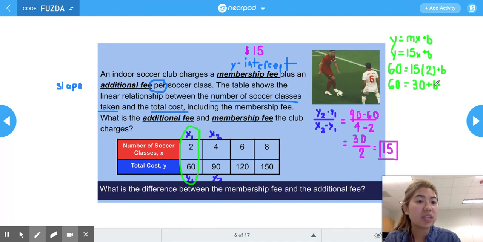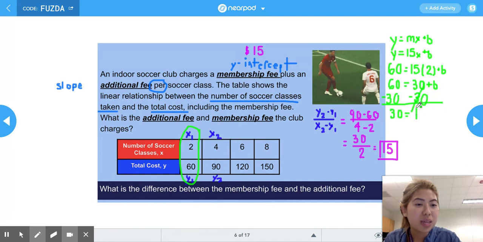And I can solve this one of two ways. I can either think 30 plus what number makes 60, or I can solve it the math way. I see that I'm adding 30 and it's positive 30, so the opposite of positive 30 is negative 30, or subtracting by 30. And that's what I'm going to do to both sides of the equation. 60 minus 30 is 30. 30 minus 30 is 0.